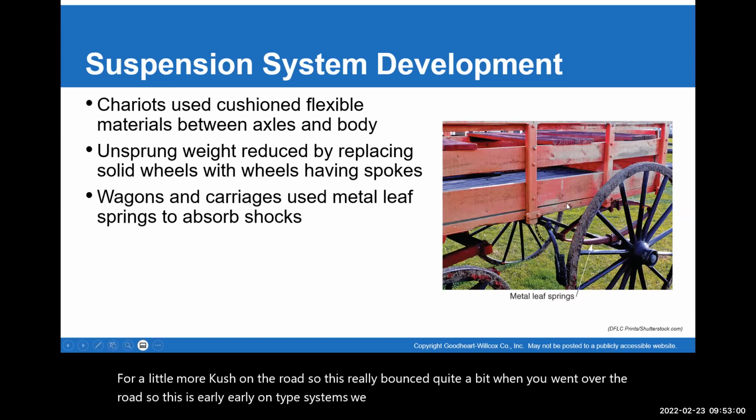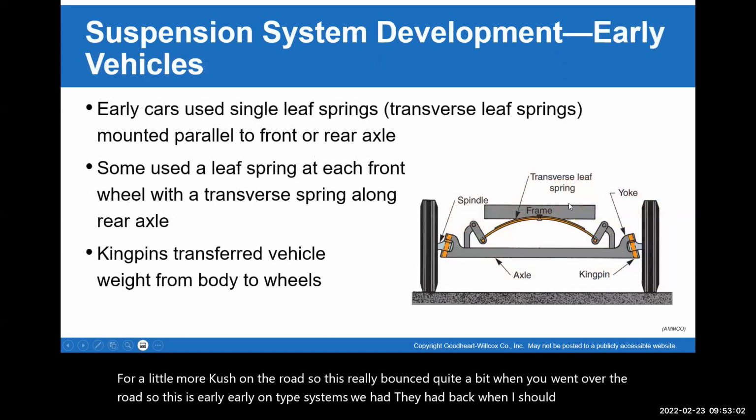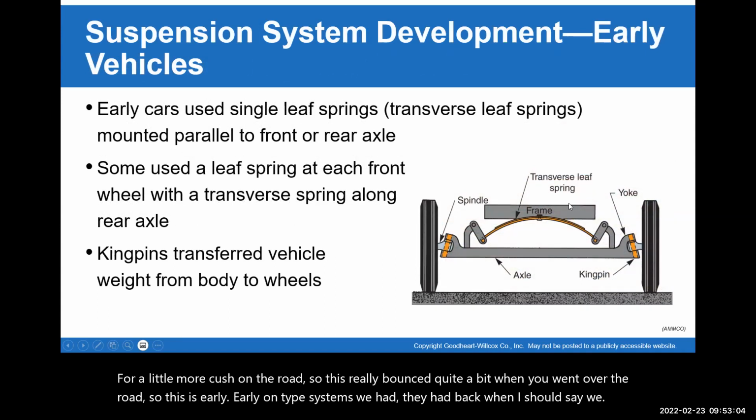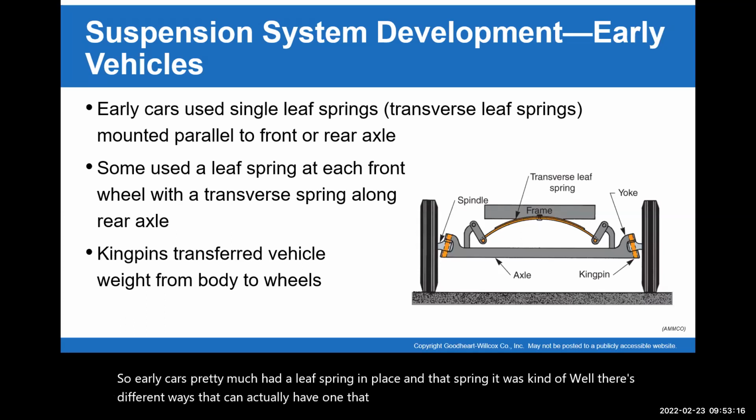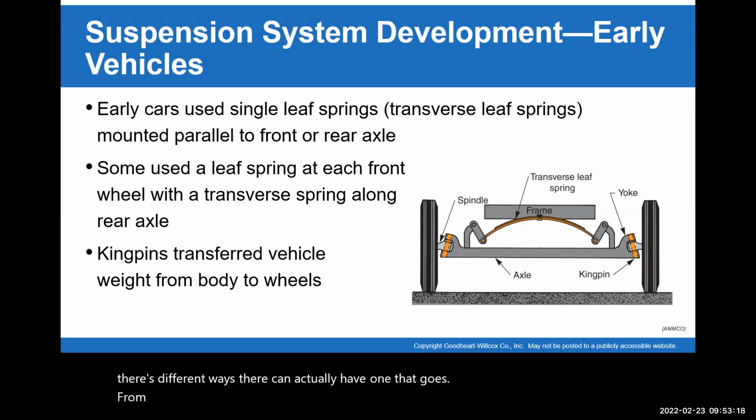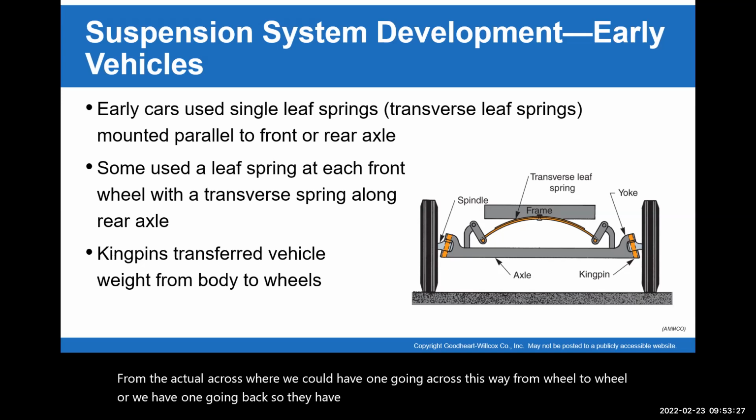Well, they had back when, I should say we. So early cars pretty much had a leaf spring in place. There can actually be one that goes from the axle across, from wheel to wheel, or we'd have one going back. So they'd have two leaf springs versus one, and that would support the vehicle.